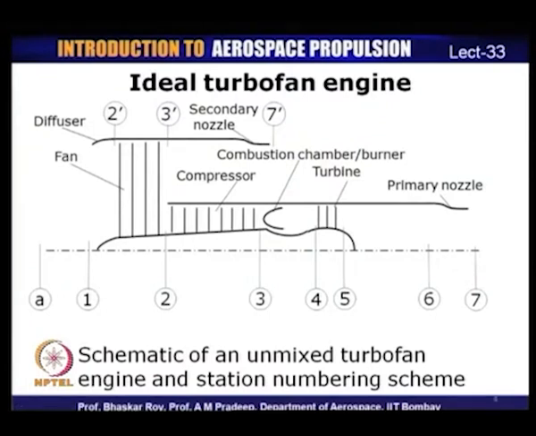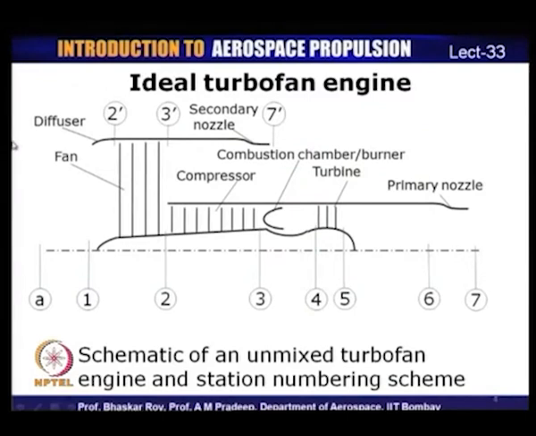And if we were to carry out a cycle analysis, we have already seen we normally follow a certain convention for station numbering. So, for the core engine, it's pretty much the same as what we had done for the turbojet engine, that we have stations A for the free stream, 1 for diffuser inlet, 2 for the compressor inlet, 3 for compressor outlet, 4 for the turbine inlet, 5 for turbine exit, 6 is the nozzle entry, 7 is nozzle exit.